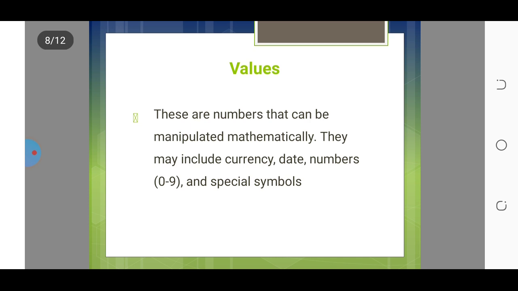The other cell data type is a value, and values are numbers that can be manipulated mathematically. They may include currency, dates, numbers such as from 0 to 9, and special symbols. So values are different from labels. For labels, you can't carry on a calculation because they are basically in text form.